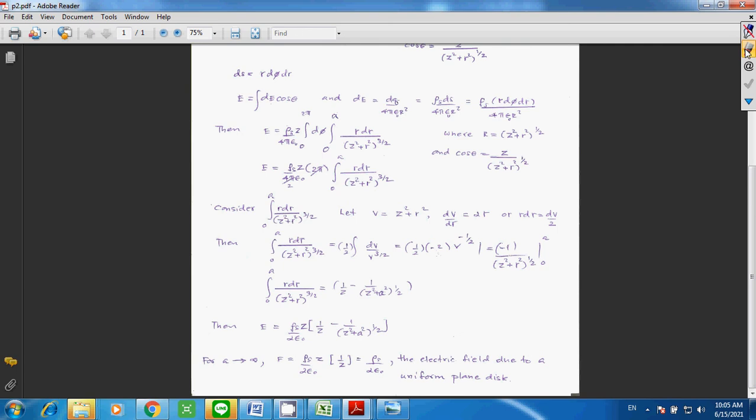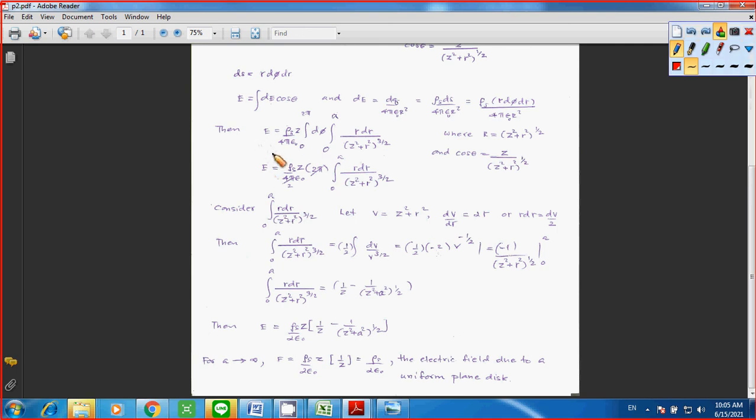Then this is your E. Whatever you have, you calculate. You need to multiply back with rho s z divided by 2 epsilon 0. So you end up with this term for the electric field at point P in the figure above.